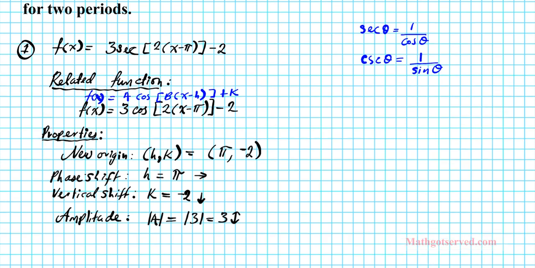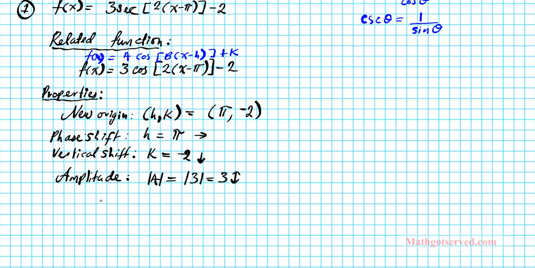Next thing we need to find is the period. So let's go ahead and find that. How do you find the period? You compute 2 pi over b. Okay, b is 2 here, so we compute 2 pi over 2. If you reduce this, 2 pi over 2 is simply pi. So one complete cycle is pi.